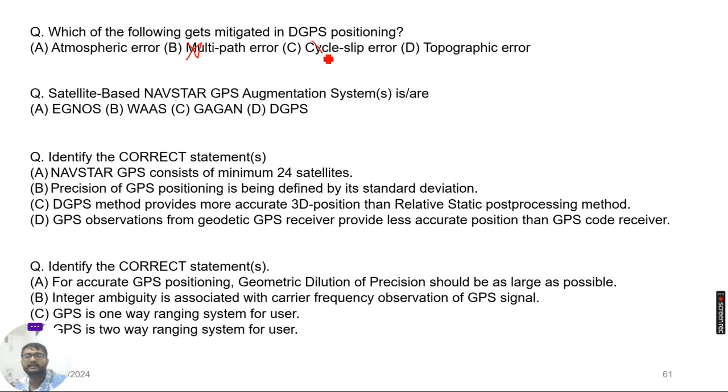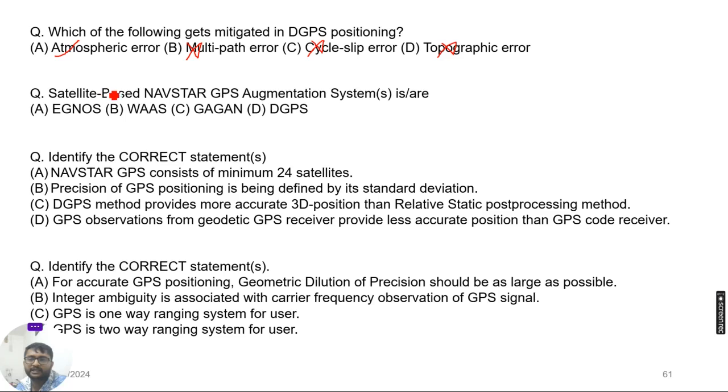Similarly, cycle slip is also because of nearby objects, so it cannot be mitigated. Topography error also cannot be removed because it depends on local conditions. So only the ionospheric error, tropospheric error, or orbital error, whatever is related to atmospheric parameters, can be mitigated by DGPS positioning.